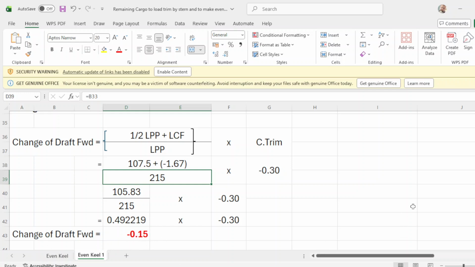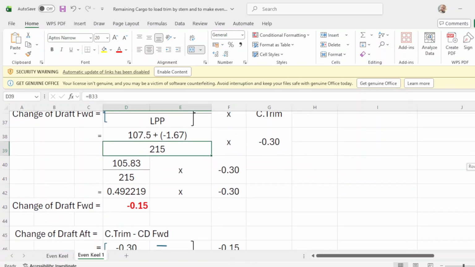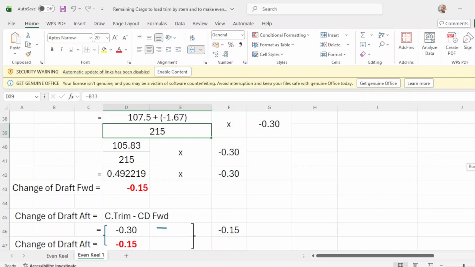Okay. And your change of drop aft should be change of trim minus your change of drop forward. So what is your change of trim? Which is this one, negative 0.30, change of drop forward, which is 0.15, and your change of drop aft will be negative 0.15.